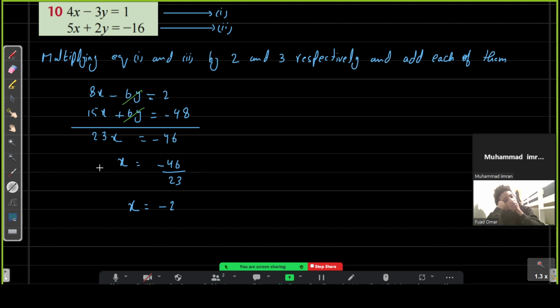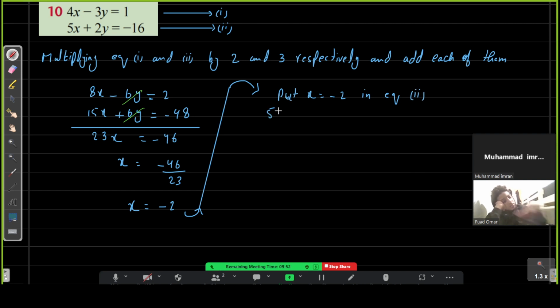So I'm going to use here x is equal to minus 2 in equation 2. So 5 times minus 2 plus 2y is equal to minus 16. 5 times minus 2 is minus 10 plus 2y is equal to minus 16.